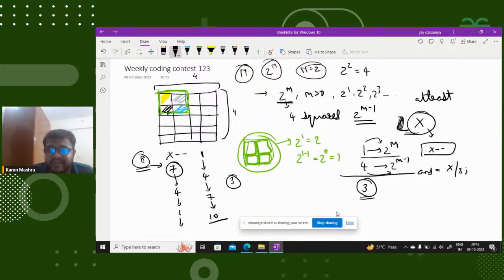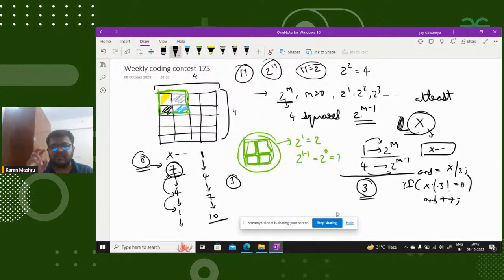But x may not be a multiple of 3. Like if after doing x minus minus, x is 7, then after one step 4 more will be required, after the second step 1 more will be required. So I can say if x modulo 3 is not equal to 0, then answer plus plus.